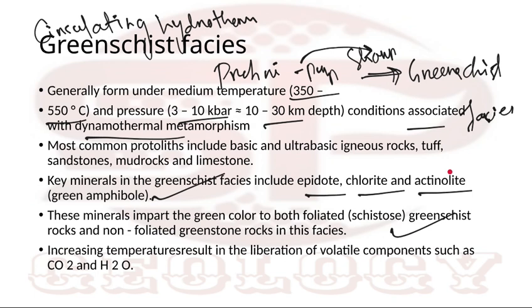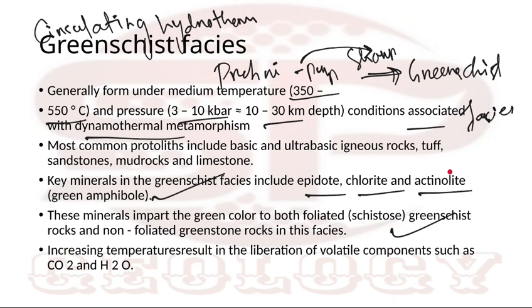And another thing, the last relic texture you can find is in greenschist facies. After that, you cannot find any greenschist relic texture. Relic texture means the texture that is inherited from the protolith.